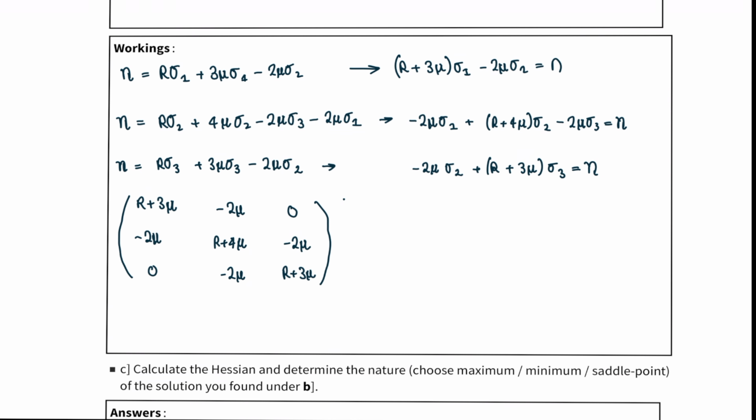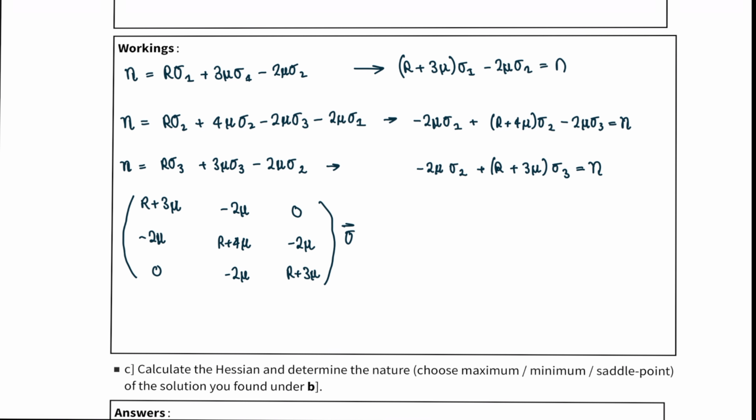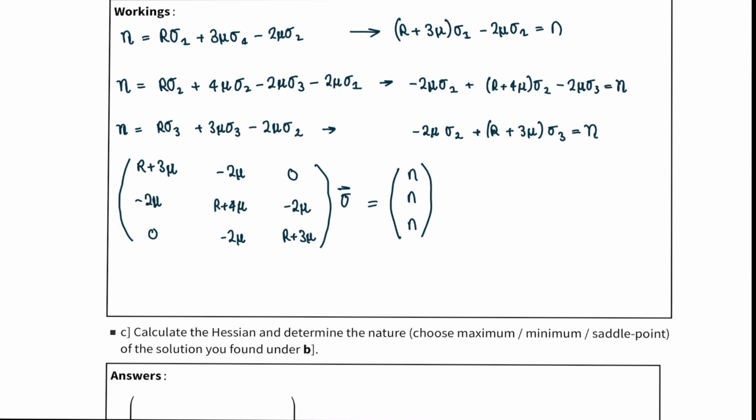So this matrix multiplied by the vector sigma, which is just sigma 1, sigma 2, and sigma 3, should be equal to eta. Cool. In order to work out what the vector sigma is going to be, we need to work out the inverse of this matrix, which I'm going to call M, and then multiply that inverse by this vector.